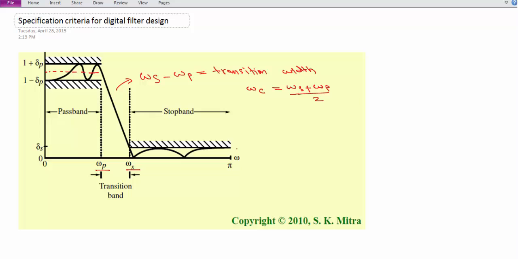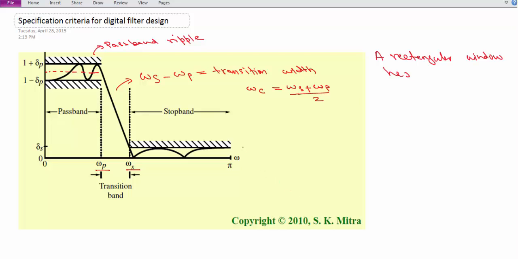Now for a rectangular window, it turns out that it has both the ripples. These are called pass band ripples. Pass band ripple is basically the ripples where you want things to be 1 or 2 or something non-zero, but it's not exactly a constant.